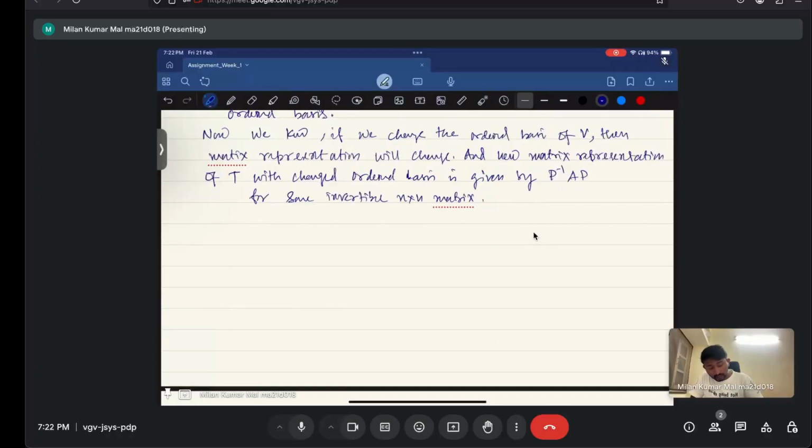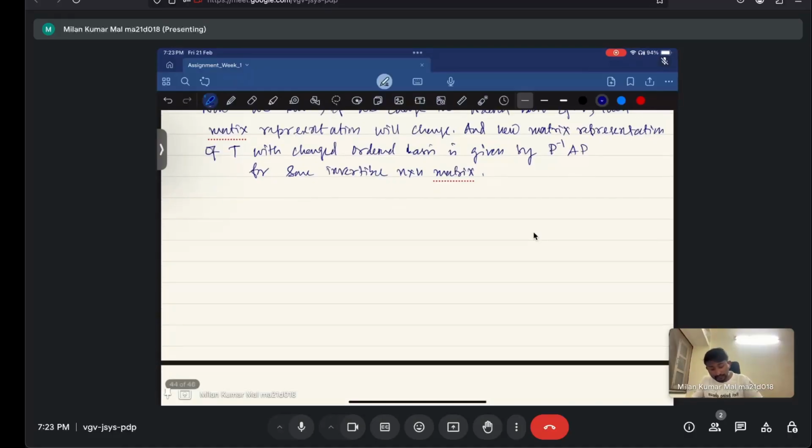Okay, so that is T with respect to beta dash is equal to T with respect to beta and P, right?